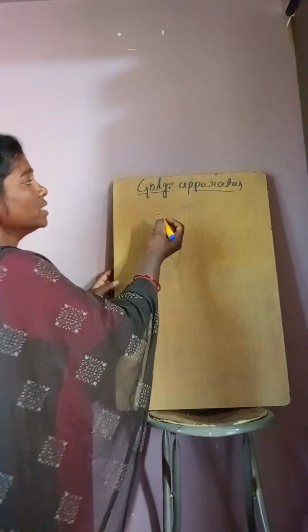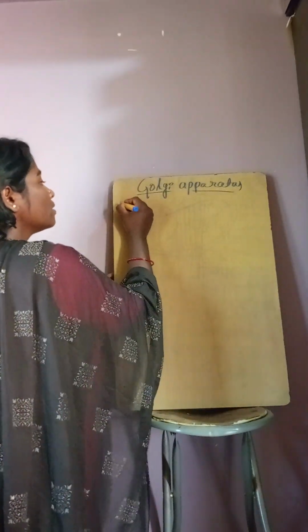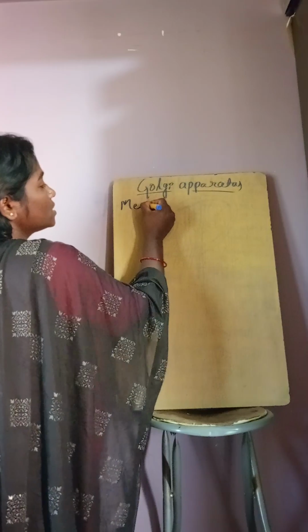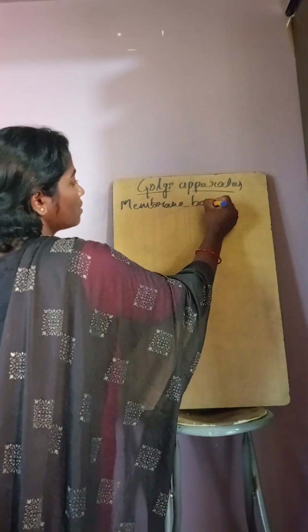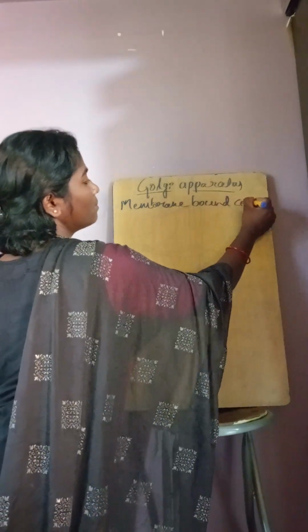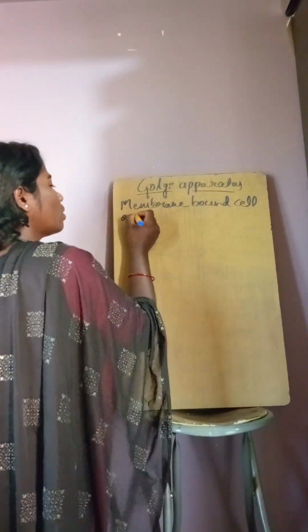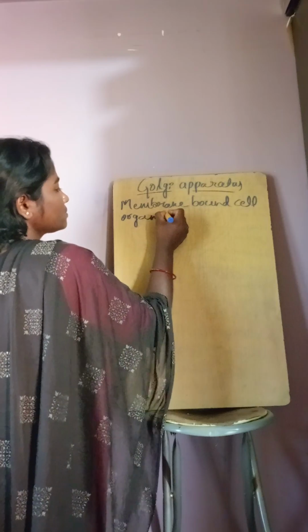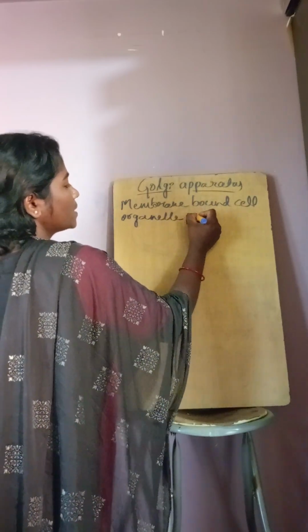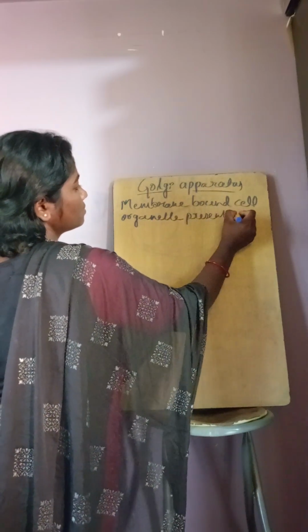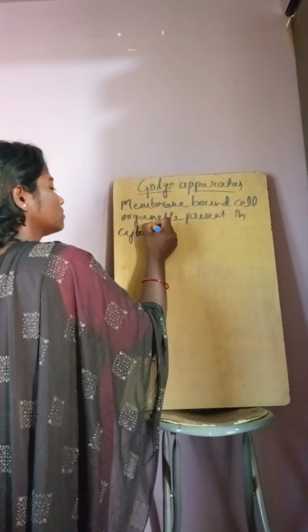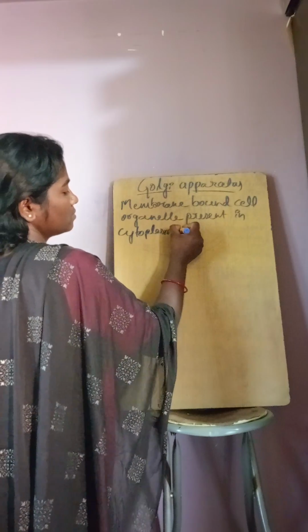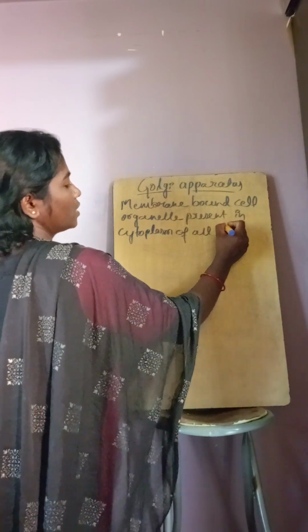Okay, now we will see the definition. It is one of the membrane-bound cell organelles present in the cytoplasm of all eukaryotes.